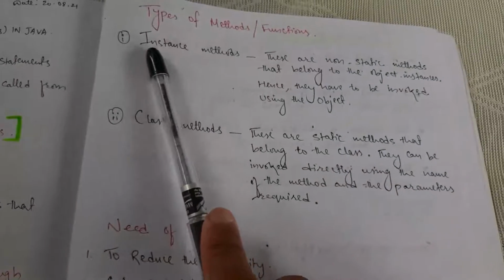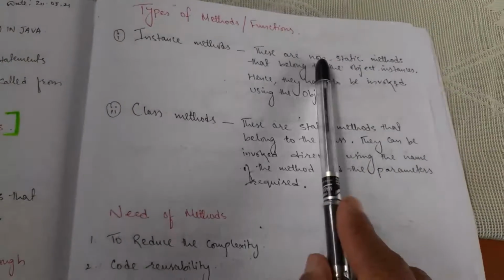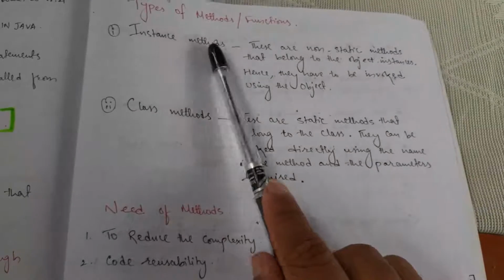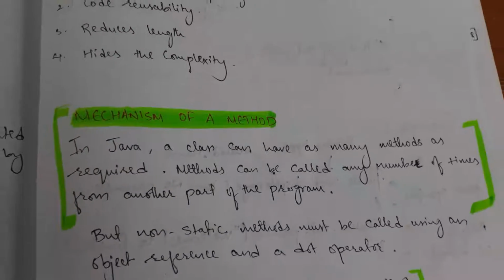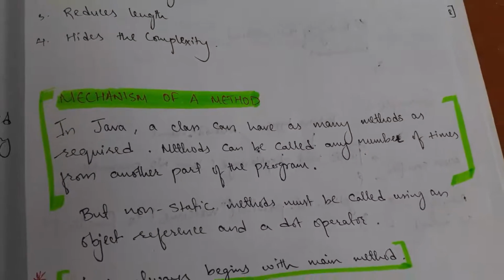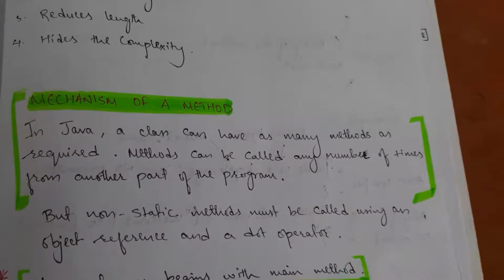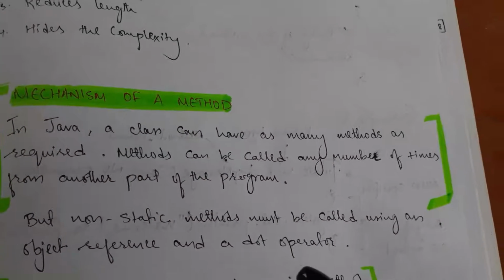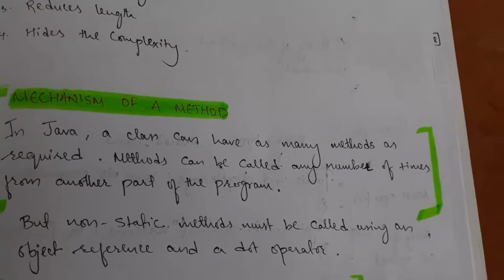In this portion I have explained the two different types of method. One is called non-static method or instance method, and the second is class method, also called static method. Whenever we write a program inside a class, we can create more than one method, and the method can be called any number of times from any part of the same program.